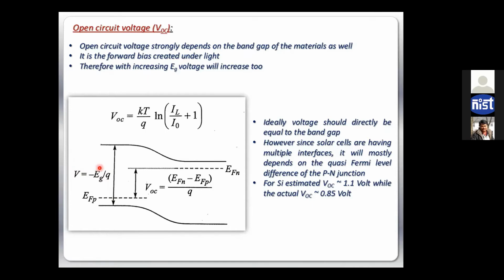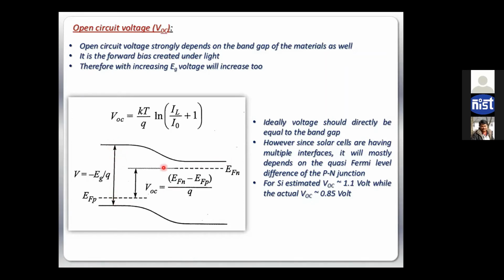So now it is the opposite of the JSC. To have higher and higher voltage, I need to increase the band gap more and more, right? Even in the realistic case, when we talk about the PN junction, we don't get that simplified form of the whole Eg.